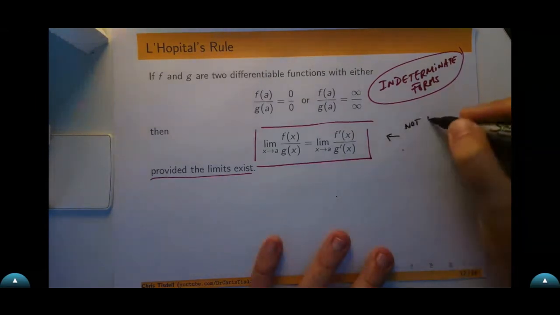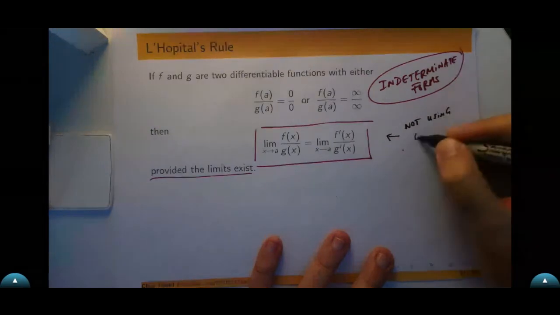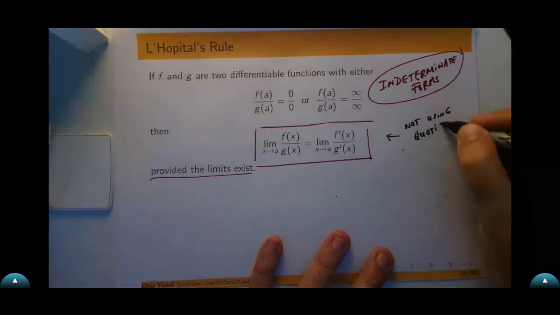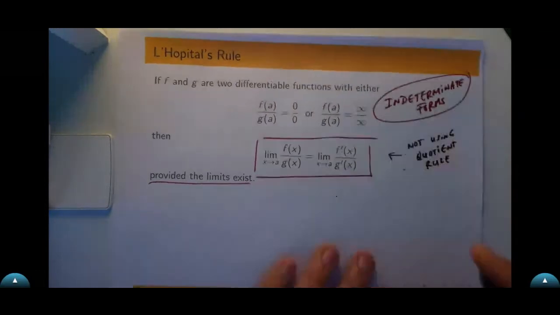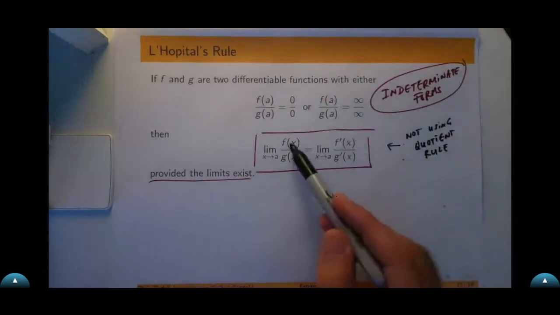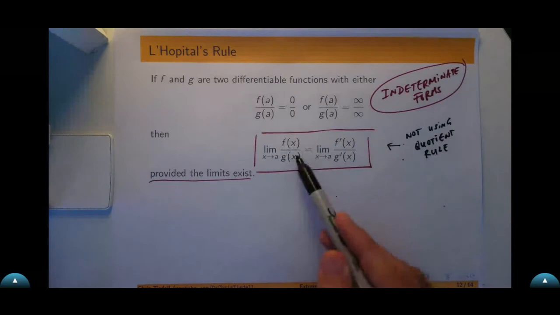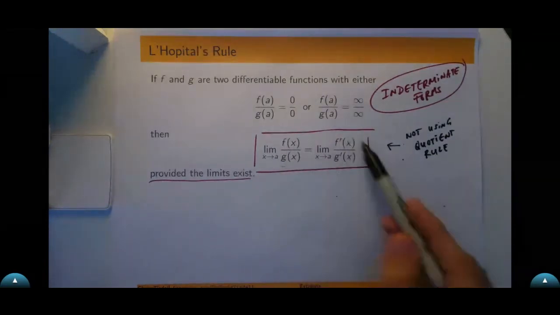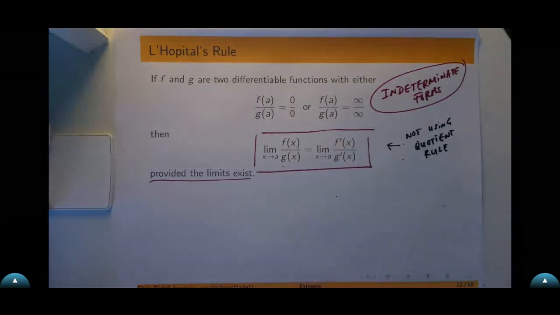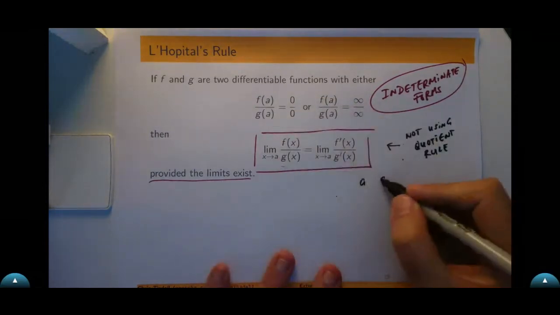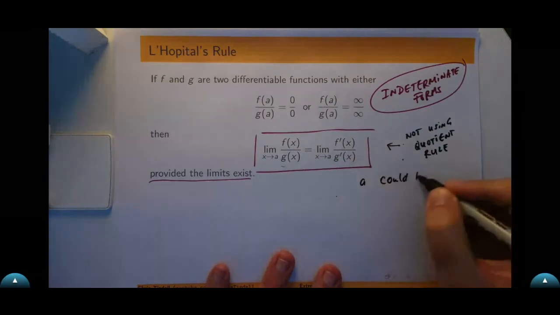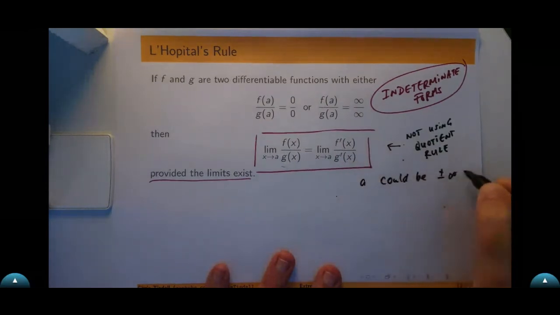We're not using the quotient rule for differentiation. What we're doing is we're differentiating this function independently, differentiating this function independently, and retaking the limit. Okay. Now here, the A, it could be plus or negative infinity.